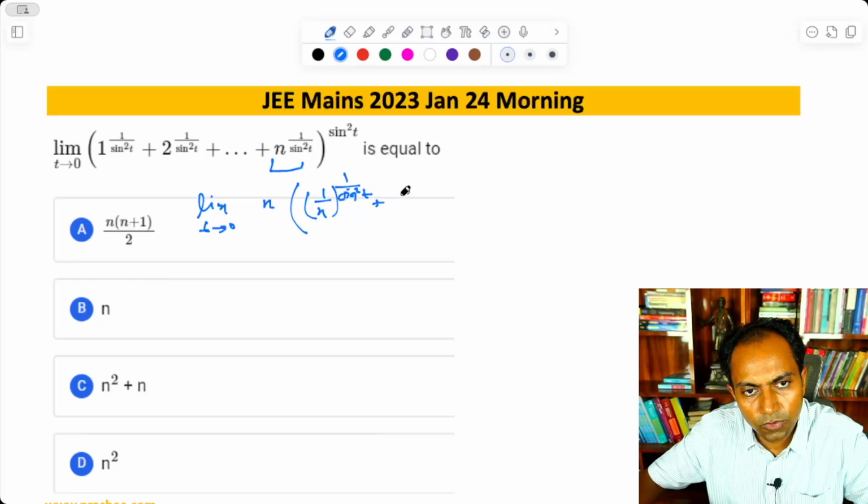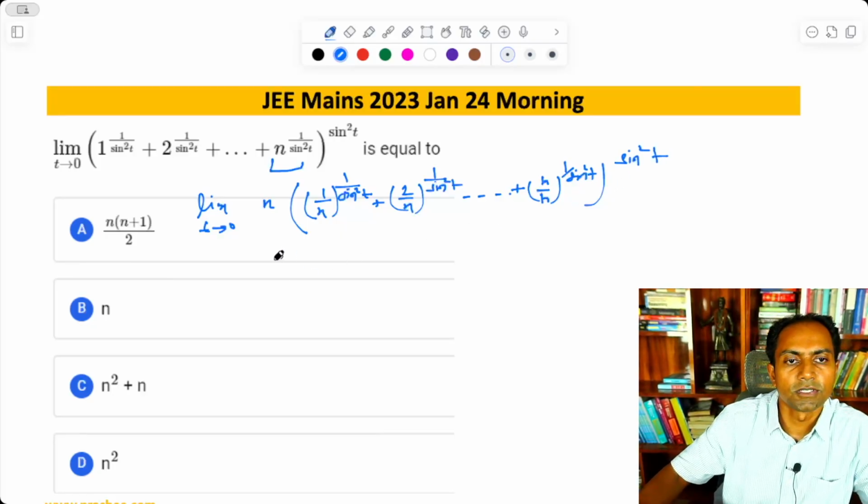The next term would be 2 by n raised to the power 1 by sine square t. Like this, all the terms will come, and finally there would be n by n, which will become 1. Let me write n only. So this is what we have got.